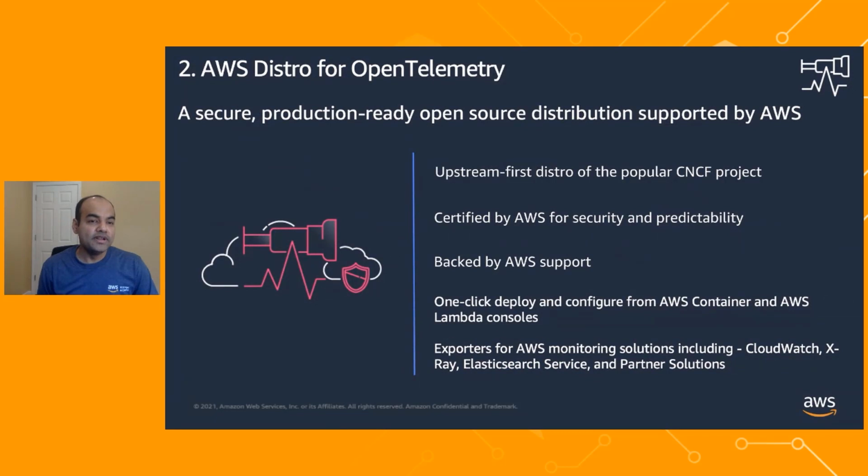AWS Distro for OpenTelemetry is a downstream distribution of OpenTelemetry as is, making sure that it is ready for our customers to use. It's backed by AWS and well tested, so you can actually use OpenTelemetry without worrying about support, testing, and validation.